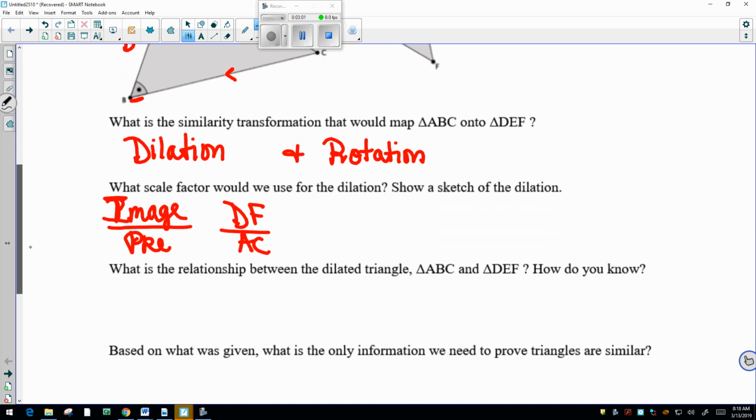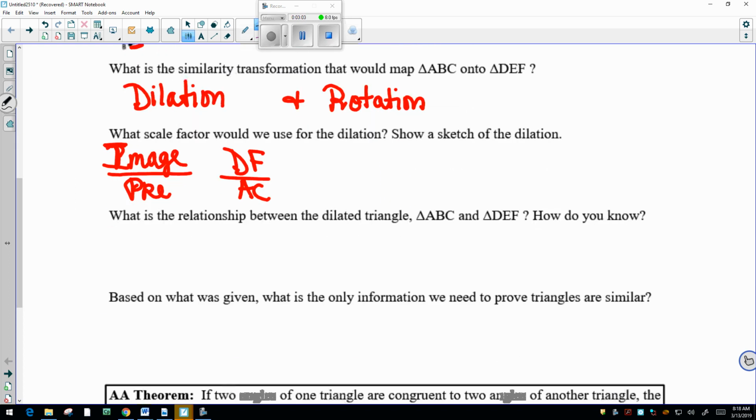Okay, and so now it's saying, what's the relationship between the dilated triangle, triangle ABC and triangle DEF, and how do we know? Well, I have to say they're similar. They have to be similar. Okay, how would I know? Well, like we just said, sides are in proportion. And I know that because a dilation will keep sides in proportion.